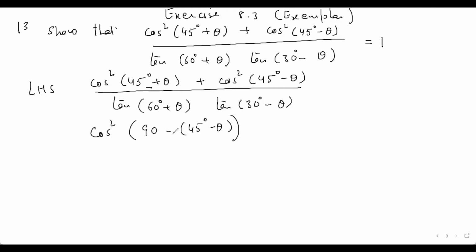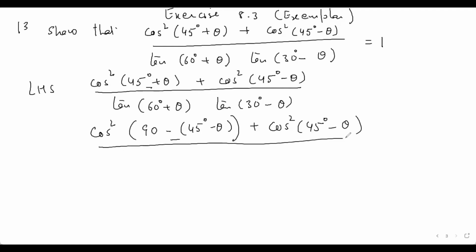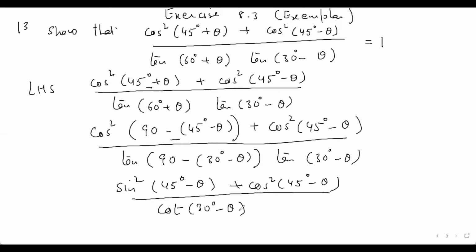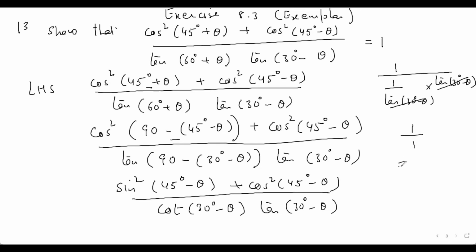So instead of this, I write sin²(45° − θ) plus cos²(45° − θ) upon, now I'm going to change this 60° + θ. This can be written as 90° − (30° − θ), so cot(30° − θ) tan(30° − θ). Now sin² θ + cos² θ is 1, and cot(30° − θ) can be written as 1 upon tan(30° − θ), so this and this cancel. I have 1 upon 1, that is equal to 1.